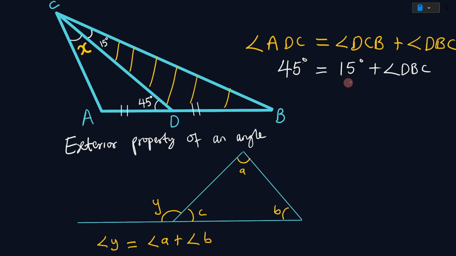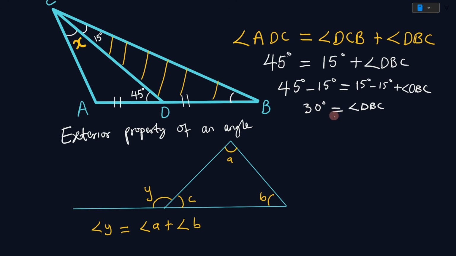To do this, we need to isolate angle DBC in this equation by subtracting 15 degrees from both sides. 45 degrees minus 15 degrees is equal to 15 degrees minus 15 degrees plus angle DBC. 45 degrees minus 15 degrees will give us 30 degrees. 15 minus 15 is 0. Therefore, angle DBC is 30 degrees. So we now have that angle DBC, which is this very angle, is 30 degrees.